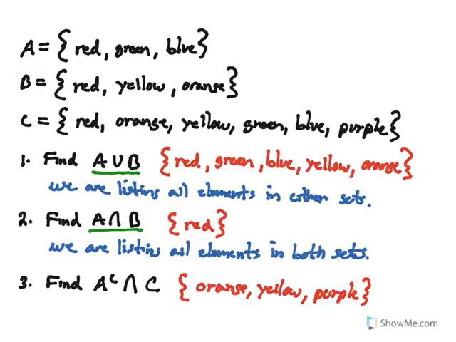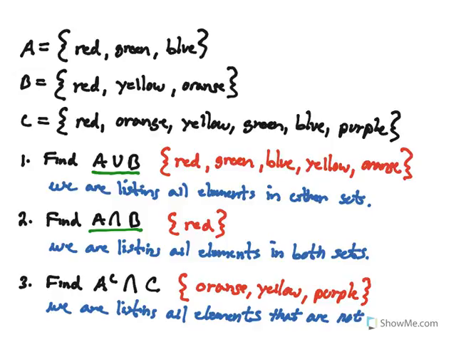Okay, so here we are listing all elements that are not in set A and are also in C, okay, in set C.